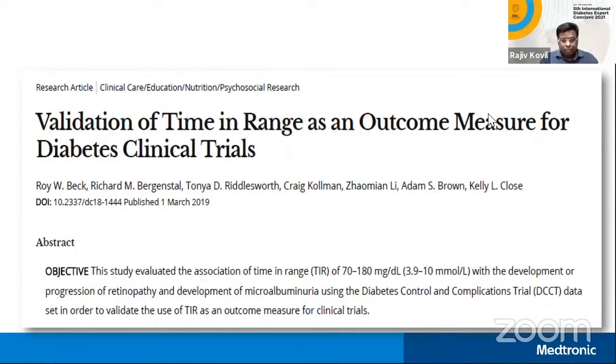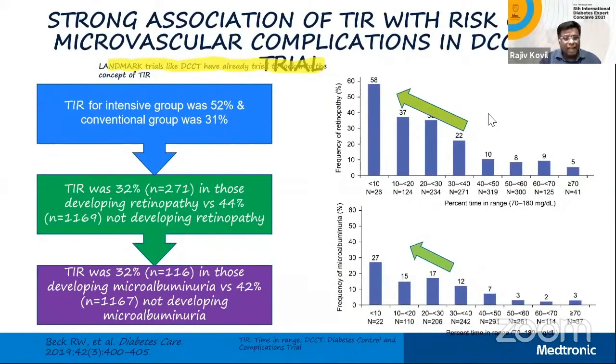And what it showed is that the TIR for intensive groups was close to 50%, and TIR was 32% in those developing retinopathy versus 44% not developing retinopathy. Similar with microalbuminuria. And as you see, as the TIR goes down, the frequency of microvascular complications goes up, which we all know is directly linked to glycemic control.